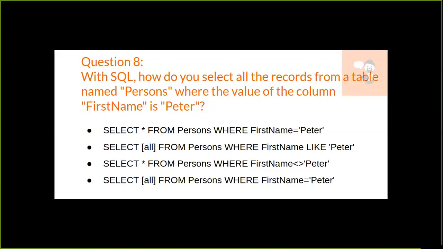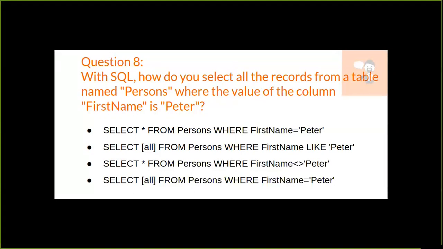The options are select star from persons where first name equal to Peter. Second option is select within square brackets all from persons where first name like within quotes Peter. The third option is select star from persons where first name less than greater than within quotes Peter.